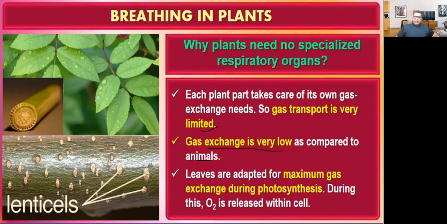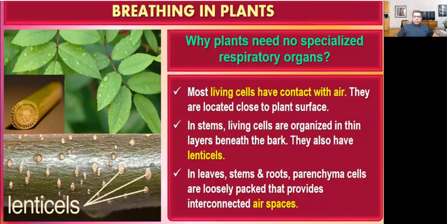Leaves are adapted for maximum gas exchange during photosynthesis. During this, oxygen is released within the cell. Most living cells have contact with air, so most of the living cells are in contact with the environment. Stem living cells are organized in a thin layer beneath the bark.